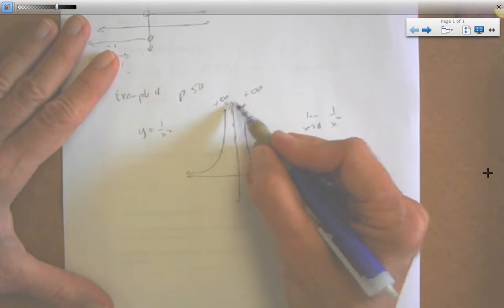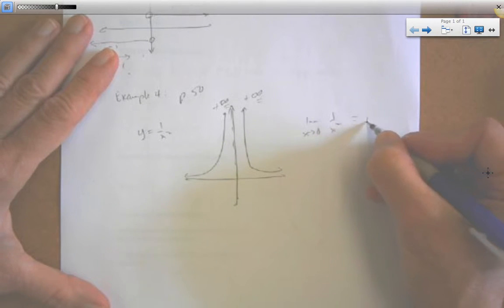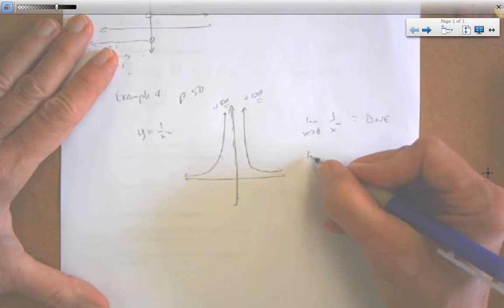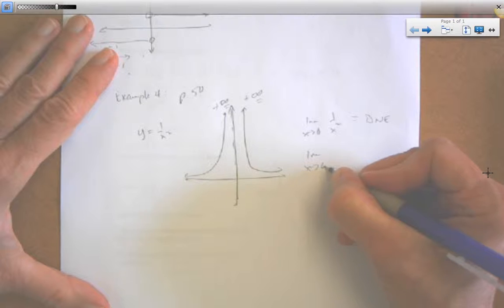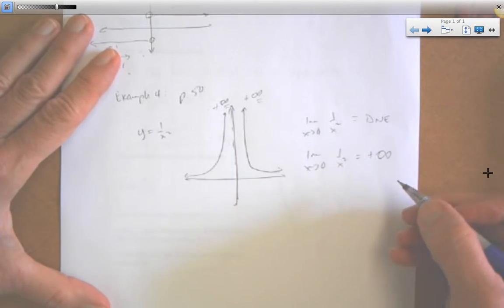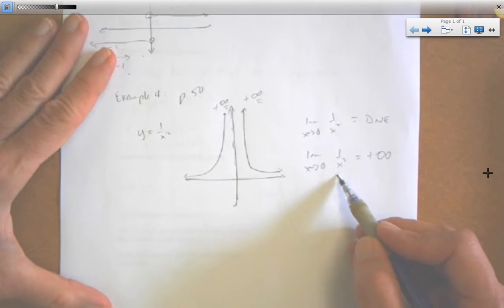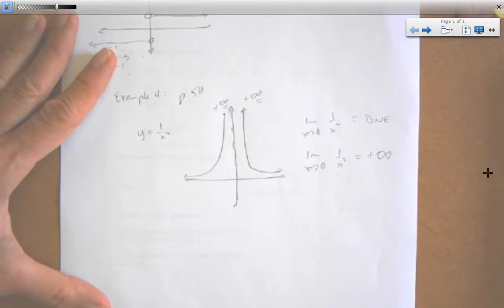But positive infinity is not a number. Therefore, the limit does not exist. But it is allowable to say the limit is positive infinity, meaning that at the point of discontinuity where you have an asymptote, both branches go off to positive infinity.